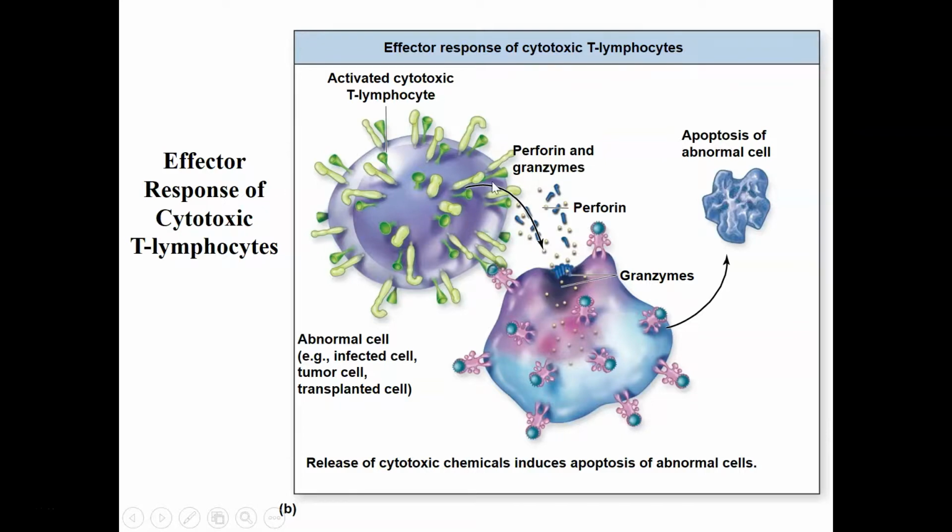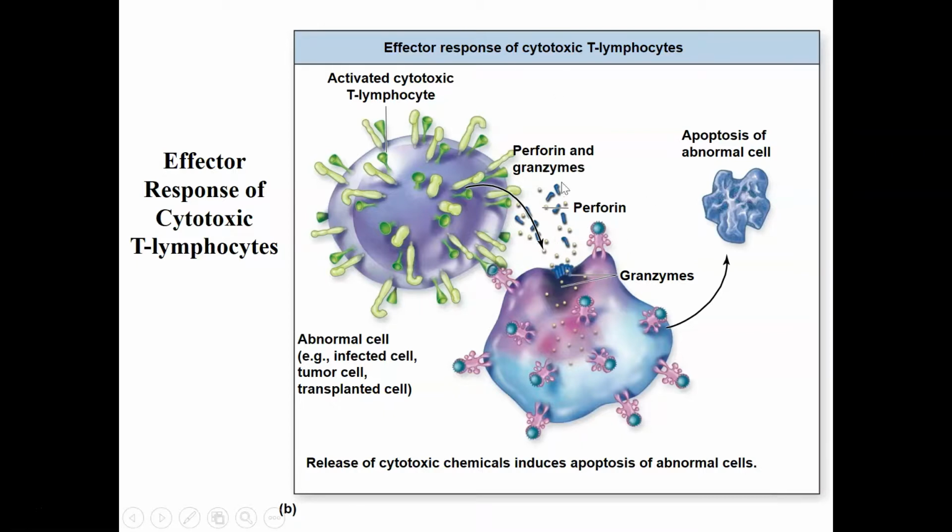Then this cell secretes perforins, represented by these spike-like proteins here, which assemble and puncture a hole in the abnormal cell membrane. And granzymes enter through this perforation and start degrading the cell from the interior. The cell degenerates, undergoes apoptosis, and will eventually be taken up by a macrophage, which will complete the process.